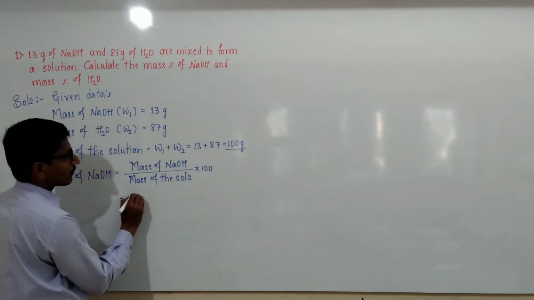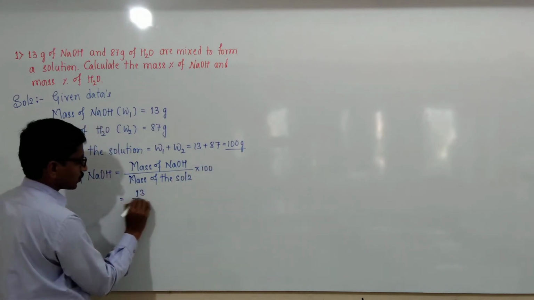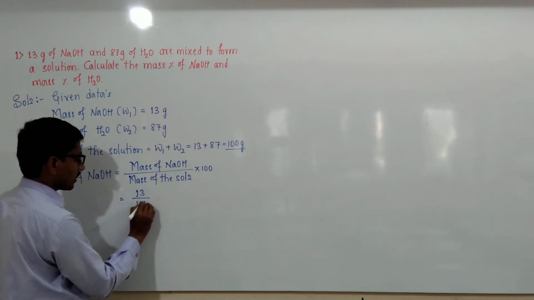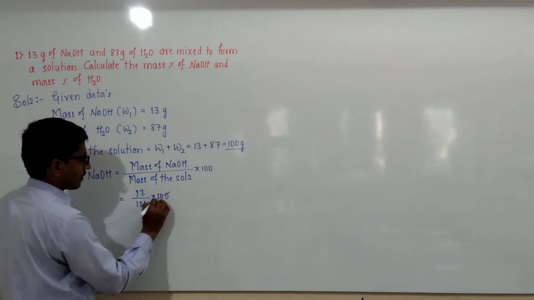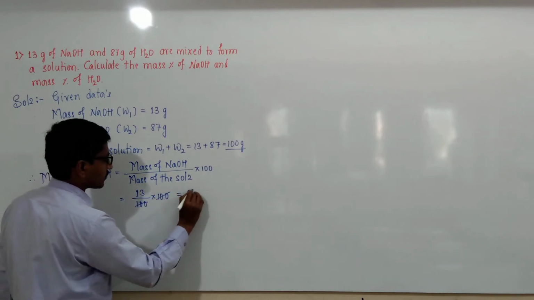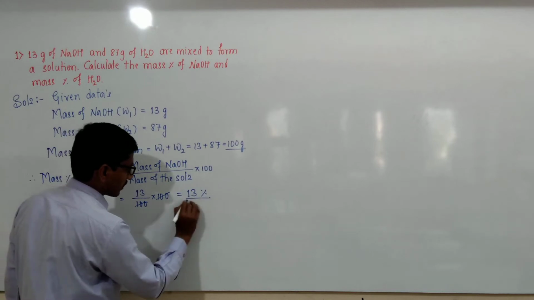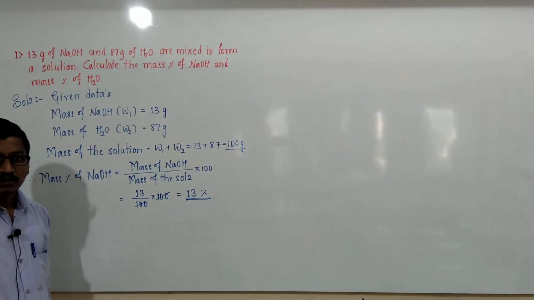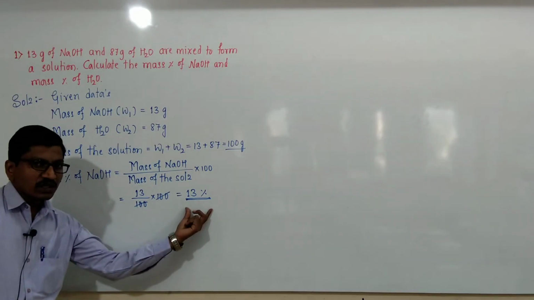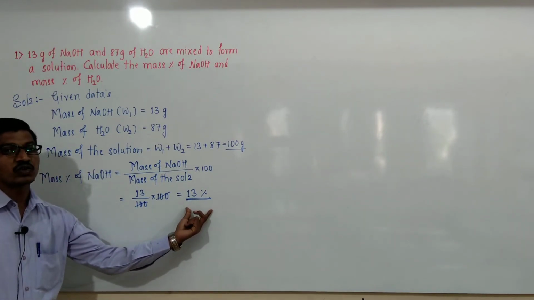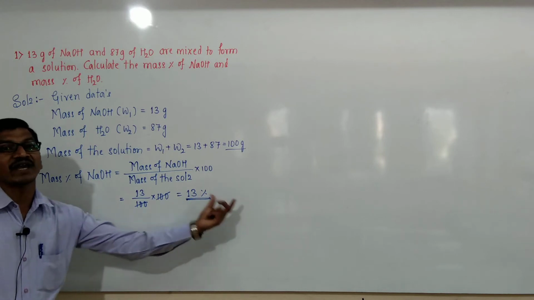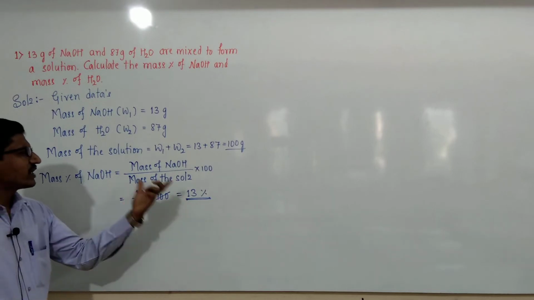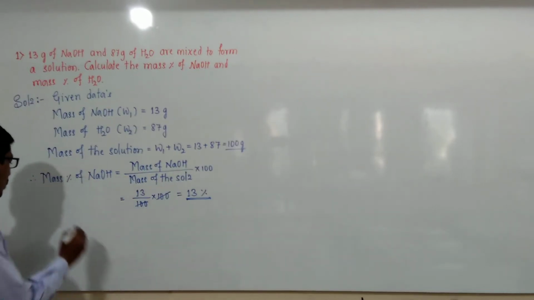This is equal to 13 divided by 100 gram into 100, the 100 get cancelled. Mass percentage of NaOH is 13%. And in this solution only two components, binary solution. One is 13%, so the rest of the component is 100 minus 13, that is 87%, and this 87 can also be calculated by using this formula.